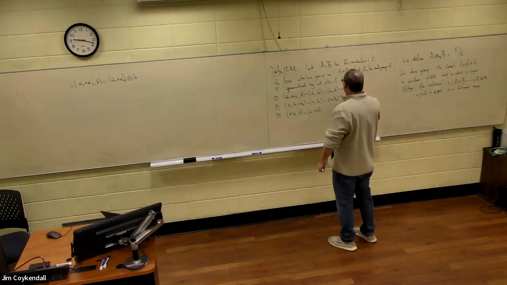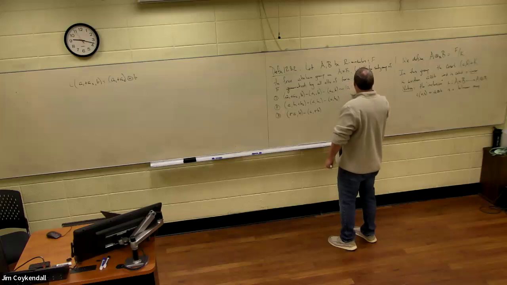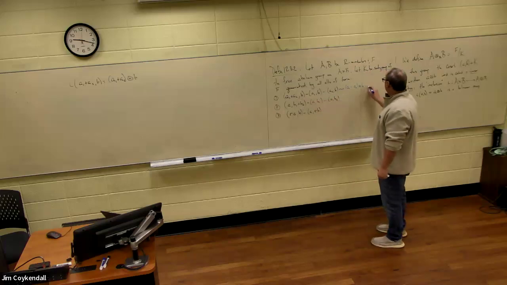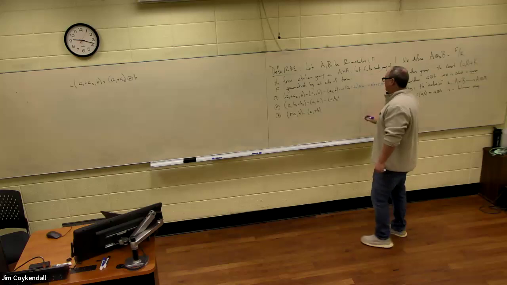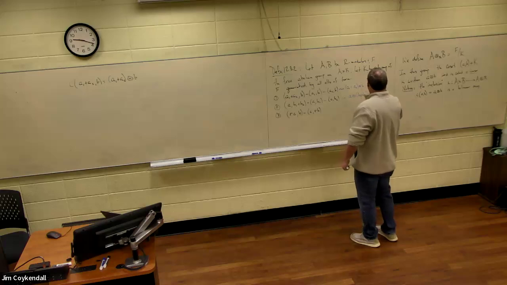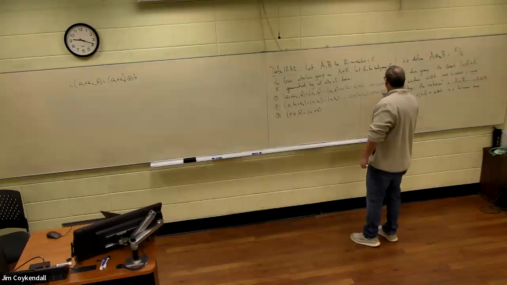This translates to, in the tensor product, A1 plus A2 tensor B is equal to A1 tensor B plus A2 tensor B. This rule of the tensor product translates to A tensor B1 plus B2 is A tensor B1 plus A tensor B2.